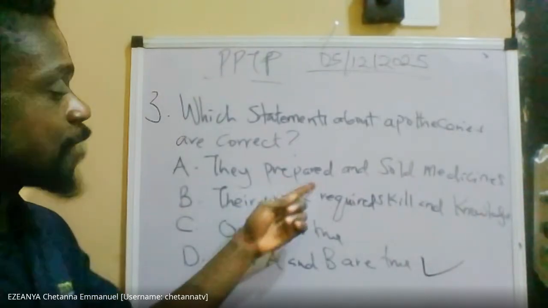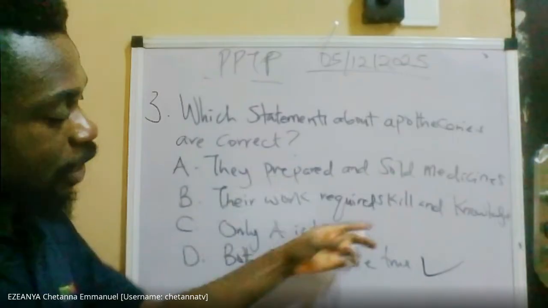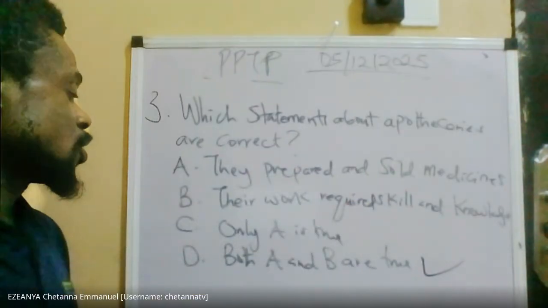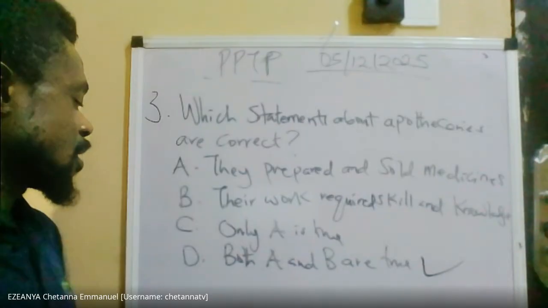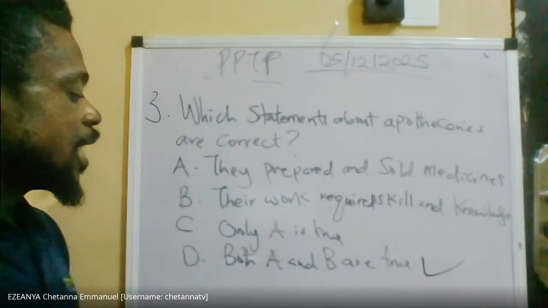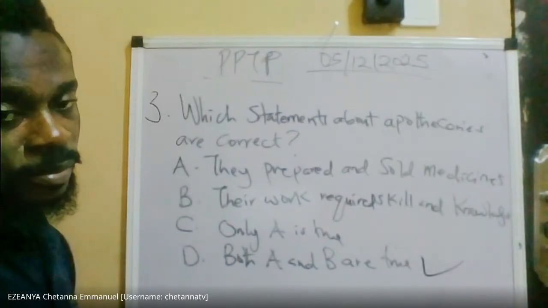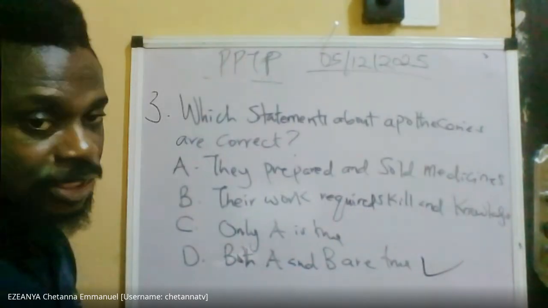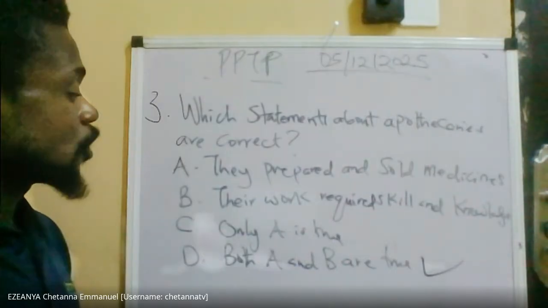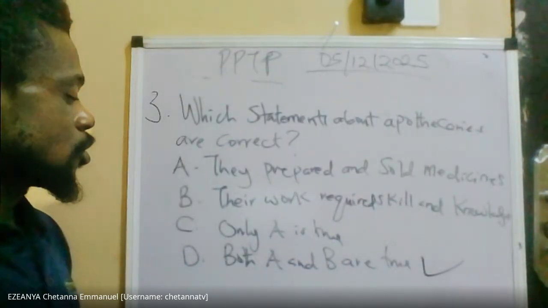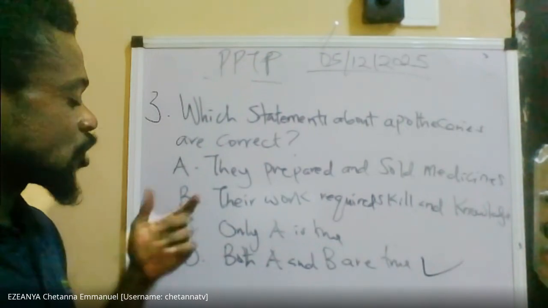Because they prepared medicine, they sold medicine. Their work also requires skill and knowledge. So A and B are correct. Option C says only A is true. Only A is not true, because B is also true.